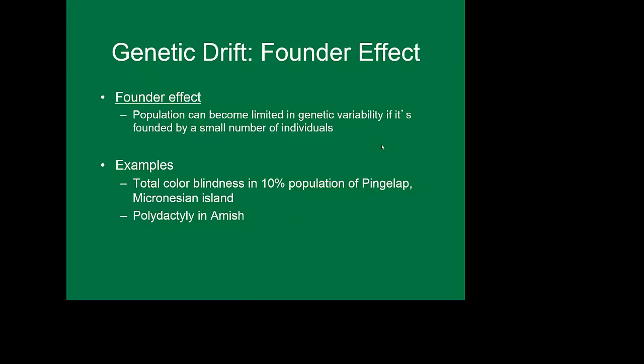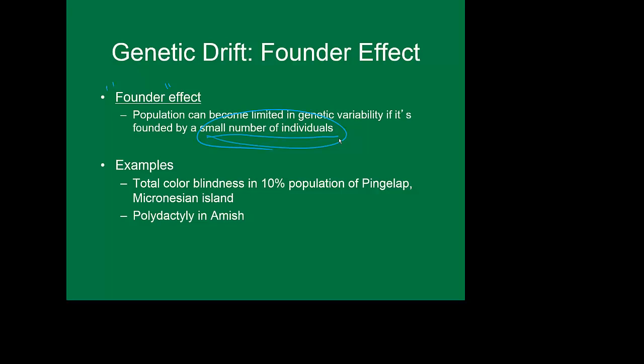So we essentially are starting a new population with a small number of individuals. They're founders of a new population, okay? Well, the problem is that by doing this, that small number of individuals have the only alleles available to that population.